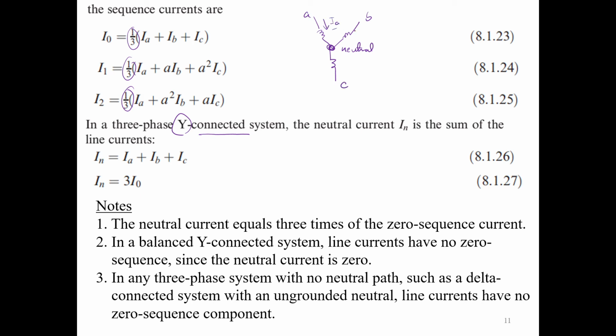Normally we assume the currents flow into the neutral point, and the neutral current flows out. Now you see that your IN is equal to IA plus IB plus IC. Your neutral current is the sum of these. If you substitute this into this, I0 becomes one third of IN, or your neutral current is three times the zero sequence.